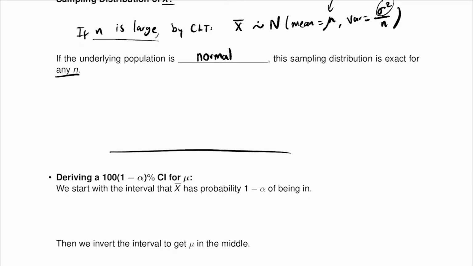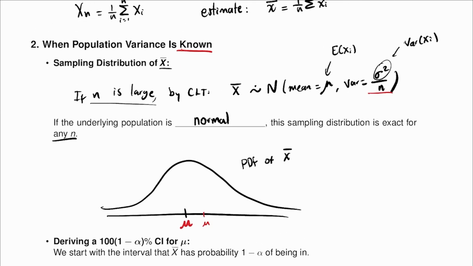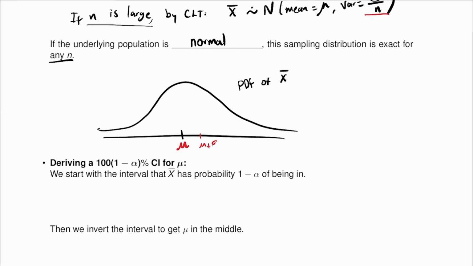So we have this distribution here of x bar. And the distribution of x bar, the PDF of x bar, is normal, and the mean is going to be mu, right? And we will have here 1 times the standard error, that is, in this case, the variance of x bar is sigma square over n, so we will have here mu plus sigma over square root of n, and mu plus 2 times sigma over the square root of n.